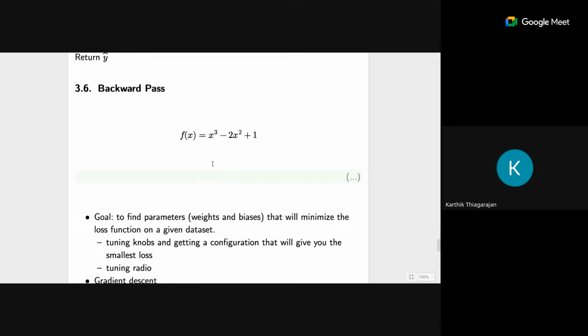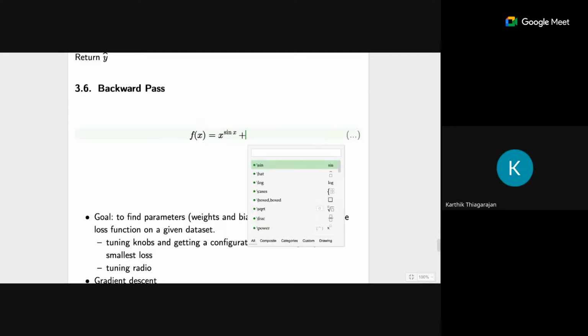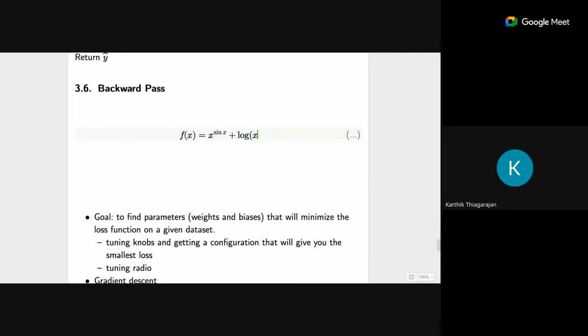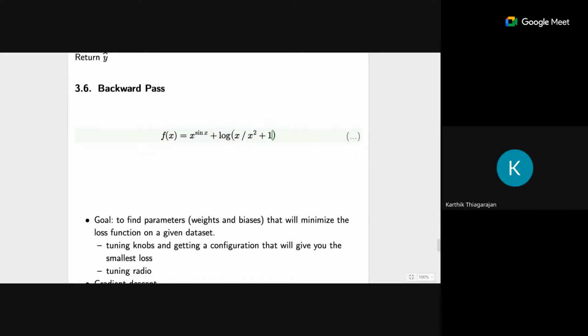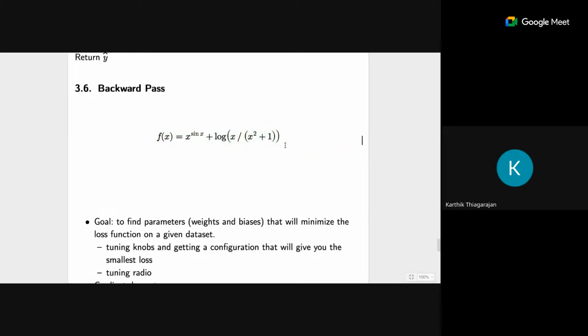If you have some monstrous looking function like x power sine x plus ln of x by some random function, x square plus 1, it may be hard to find a closed form solution, right?